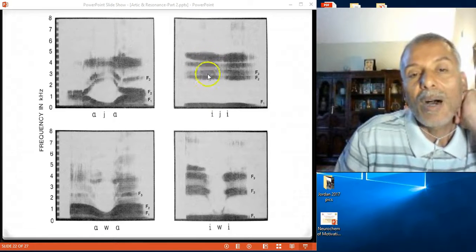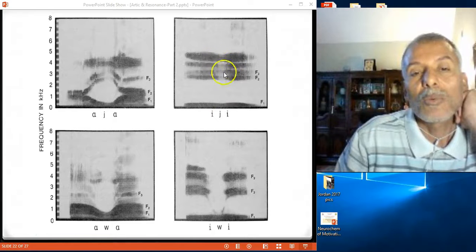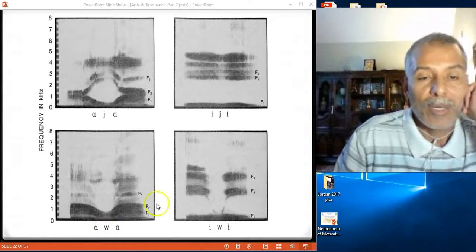They are both very low, except for that little change when you say y. So you notice it is almost like going from one to the other.